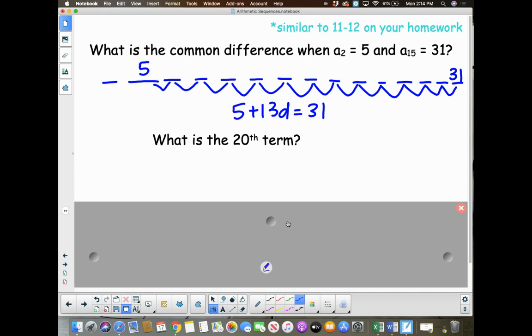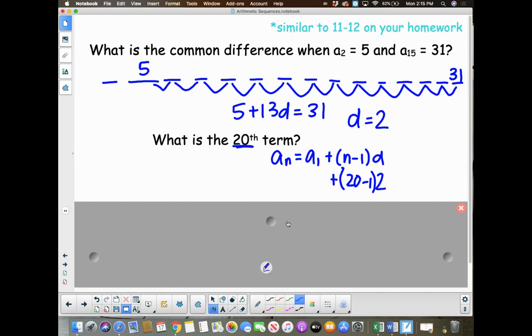So if we found our common difference from there and then use that to make our lives easier, our common difference is 2 for our formula, which is a sub n equals a sub 1 plus n minus 1 times d. We've got the common difference. We know our term number is 20.